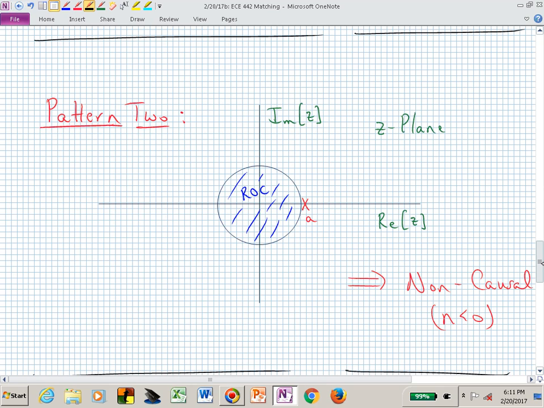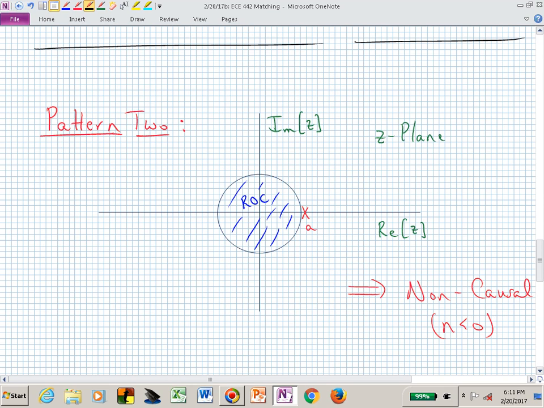Pattern 2. This is now the disk. Now all the poles are exterior to it. So I could have more than one pole, but they all have to be beyond this region of convergence, and the smallest pole will bound that region of convergence. This is now anti-causal, or for negative values of n. Pardon?